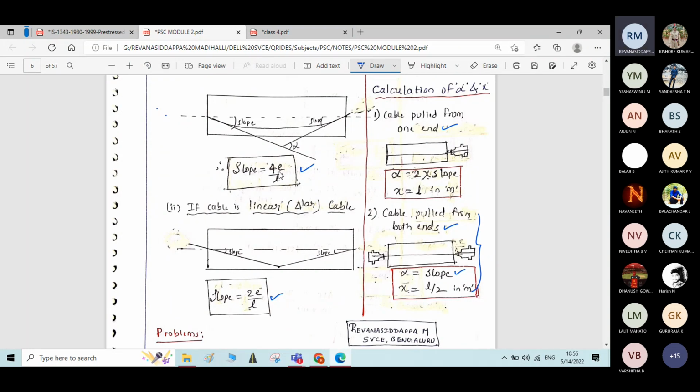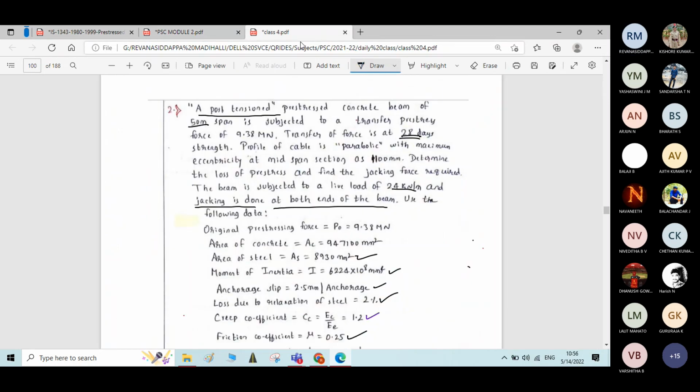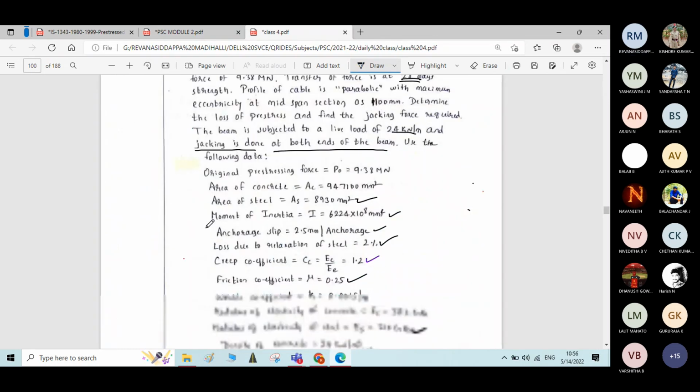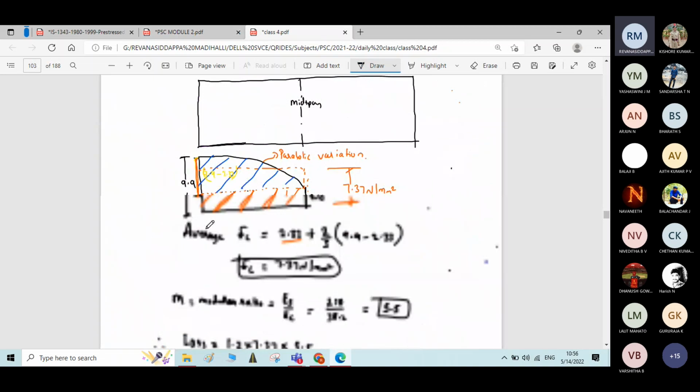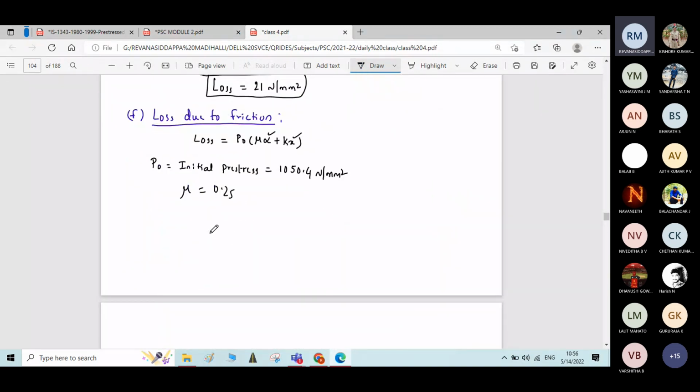For a parabolic profile it is 4e by L, for a linear profile it is 2e by L. In our problem we have the parabolic cable, so the slope is calculated as 4e by L. First you calculate the slope. I hope you are following the lecture.